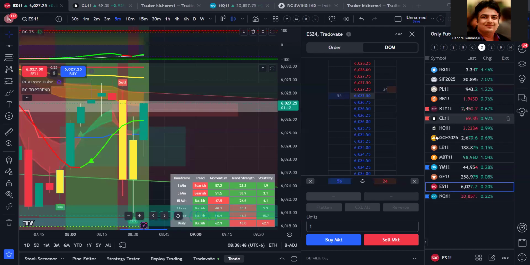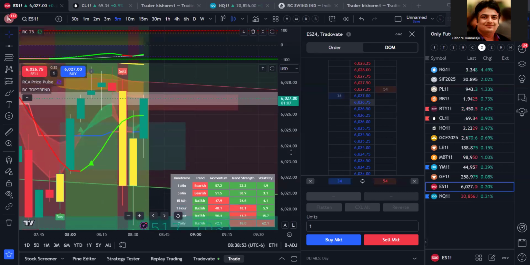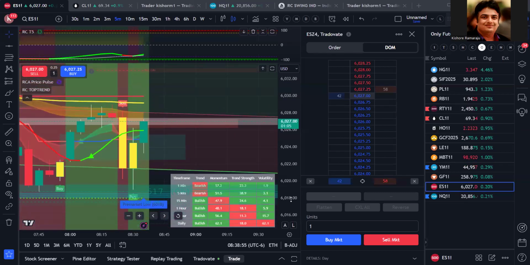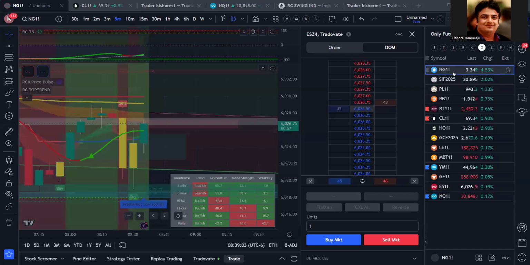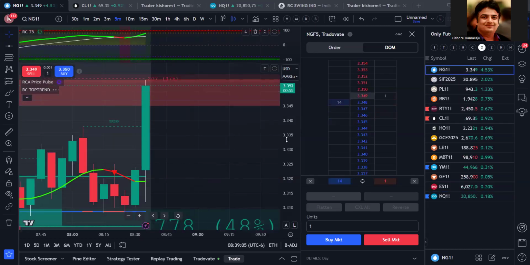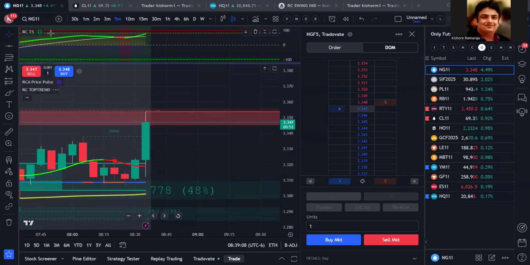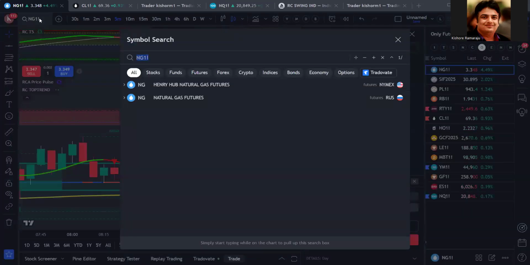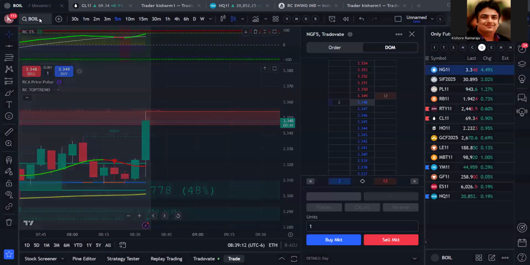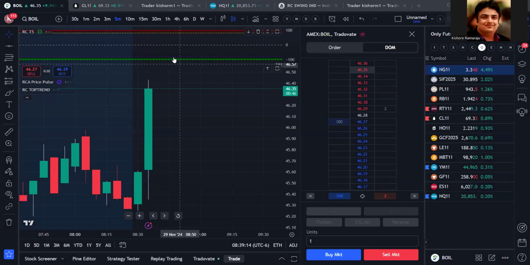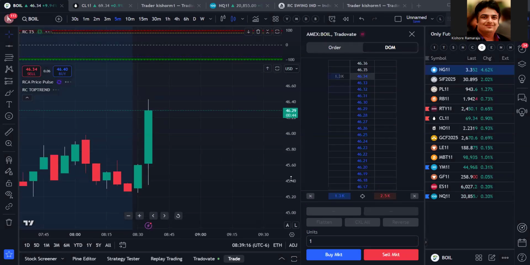We are still holding crude oil. Okay, crude oil is overall bullish. If natural gas is going up, then your oil stock also will go up.